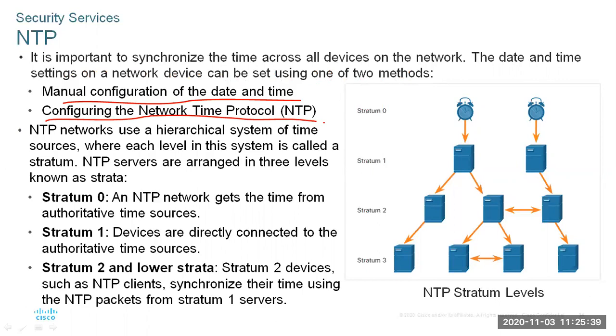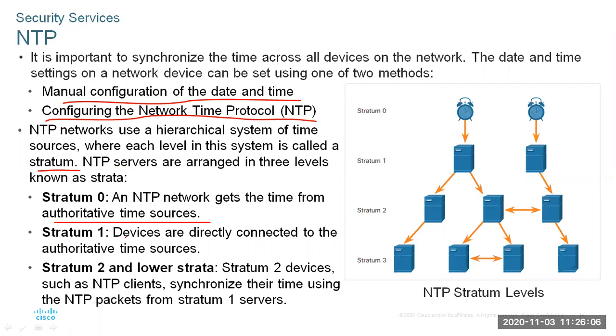The Network Time Protocol uses a hierarchical system of time sources where each level in this system is called a stratum. NTP servers are arranged in layers. Stratum 0 is where the NTP network gets the time from authoritative time sources.